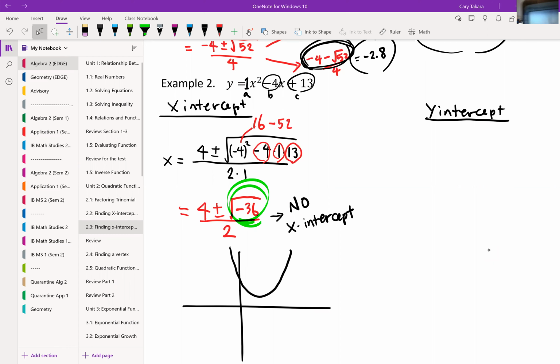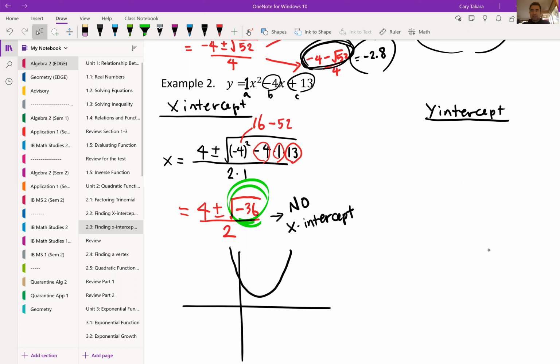But it does have a y-intercept though. Where is the y-intercept going to be, guys? Everybody tell me, what is the y-intercept? You don't have to do anything. The y-intercept is going to be 13. Yes, thank you, guys.